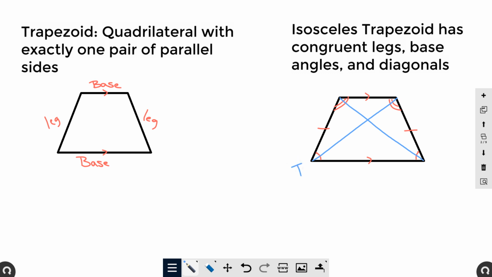So if we wanted to name this trapezoid, we'll be real creative. We're naming it TRAP. We would say that TA is congruent to RP, or PR. Those two segments would be the same length if it's an isosceles trapezoid.